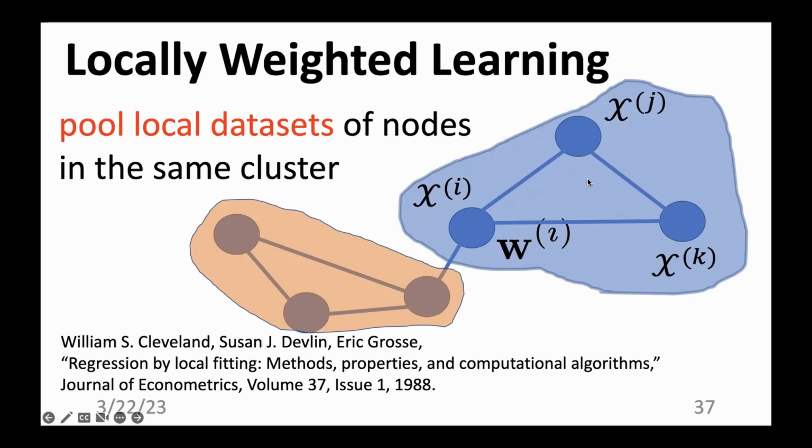So when we solve this GTV minimization, we do a form of locally weighted learning. The ranges over which we locally average are guided by the empirical graph. This is not pre-specified, because the clusters we obtain from GTV minimization depend on the network structure and the local data sets themselves. They interact with each other.